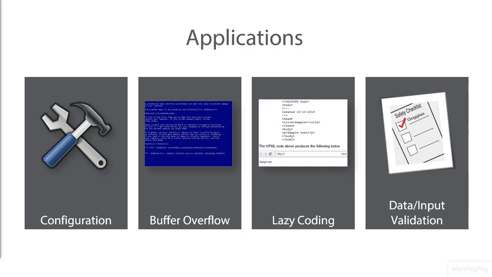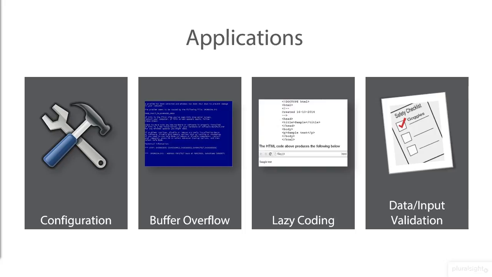And lastly, we've got data and input validation. This is typically focused on web-based applications, and the most notorious example is what they refer to as SQL injection, but it happens everywhere. Developers go through, we create these web applications, they run beautifully. When we have these fields that people fill out, it expects certain information. Sometimes they don't even differentiate what type of information is supposed to be in there, whether it's alphanumeric or digits or what.